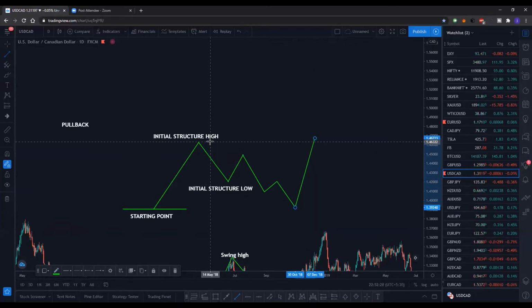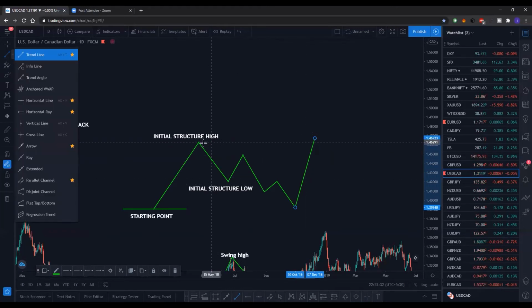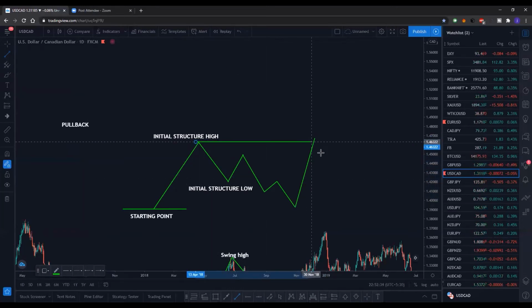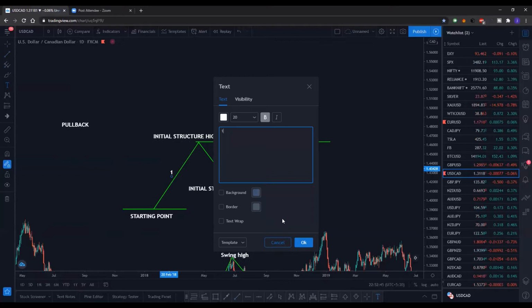Then once we have this 3-point move, that is the market breaking and closing above the previous structure high, this is what I call the 3-point move. That is, this is the first point.